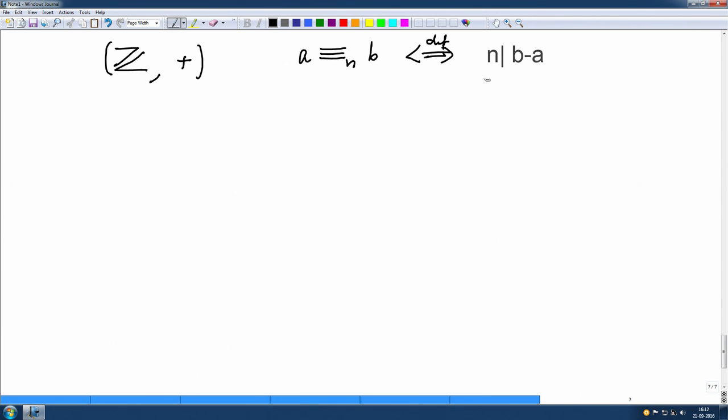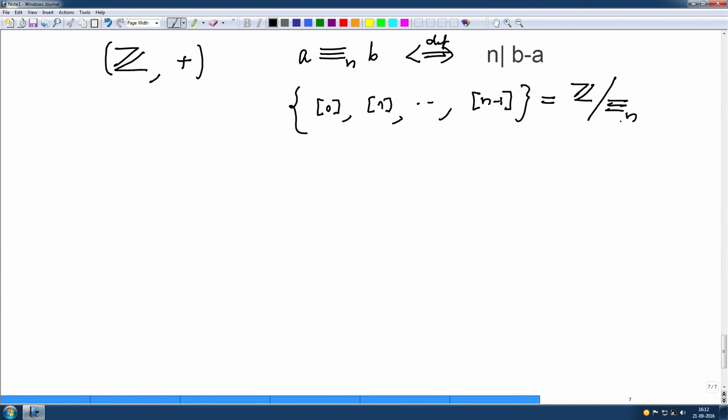And now we know what the equivalence classes of this are. Equivalence classes are precisely the residue classes, that is, residue class of 0, residue class of 1 and so on, residue class of n minus 1, and this is the quotient set. This is precisely Z mod n, and this is a group again under addition modulo n.